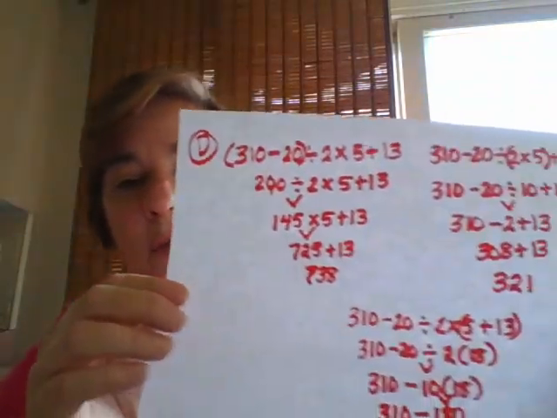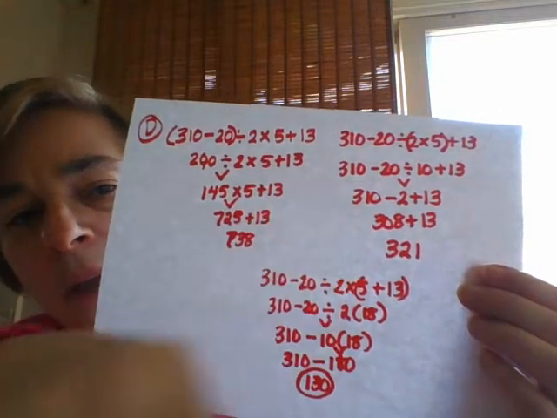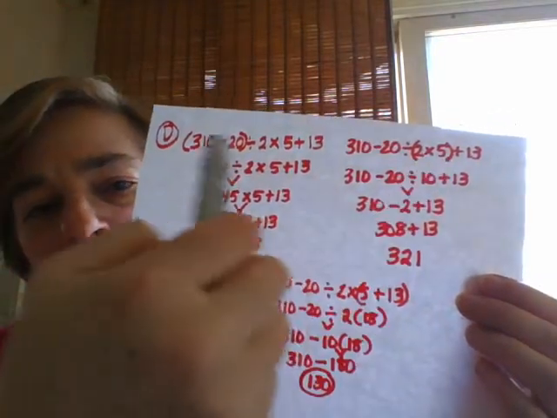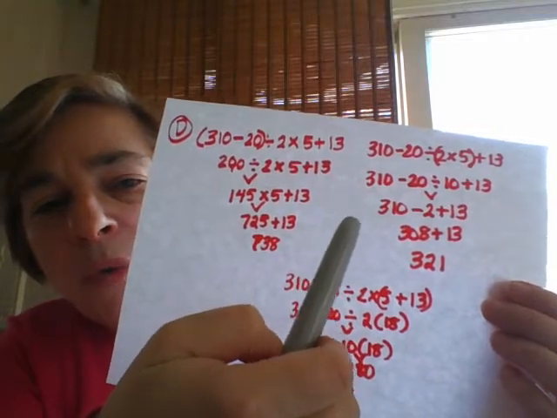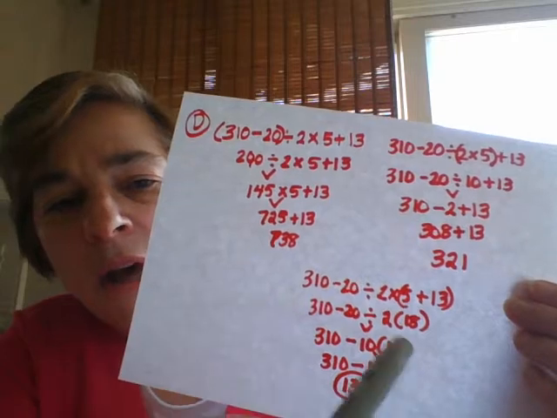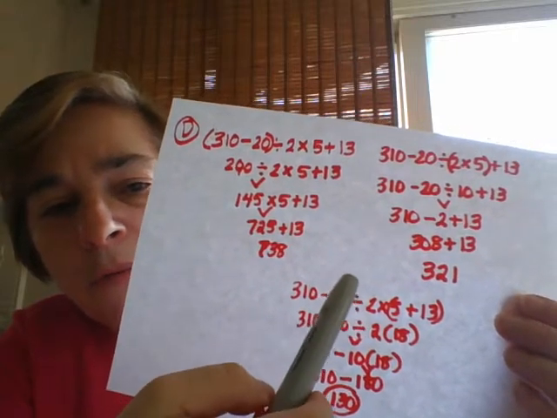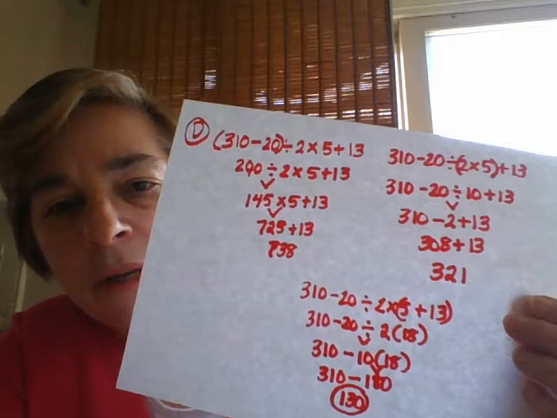All right, and then the last one is this: put in parentheses so you get 130. Well, okay, so I started with putting parentheses around 310 minus 20 because you don't subtract first, and I just used order of operations for the rest of it, and I got 738, and that certainly isn't 130.